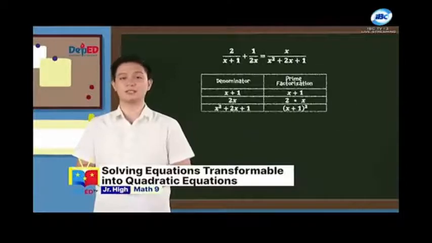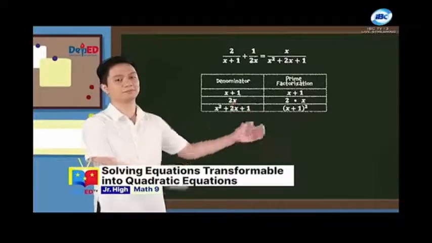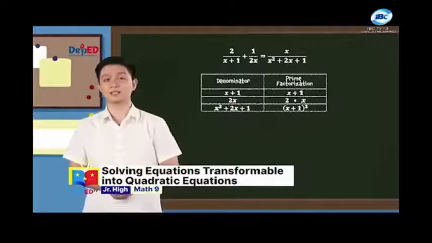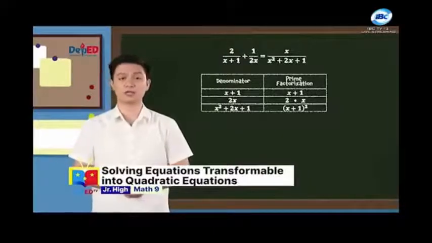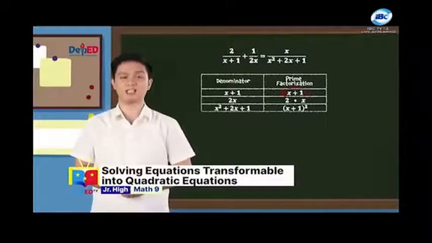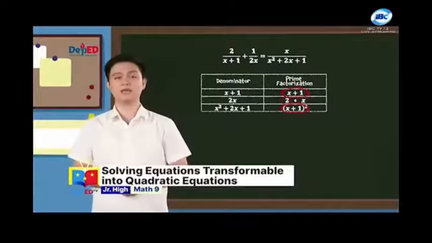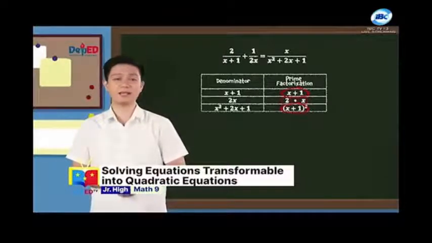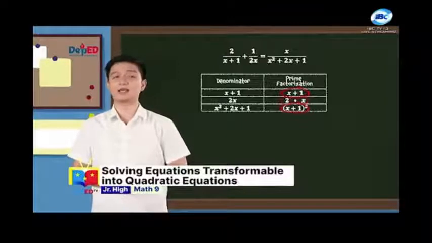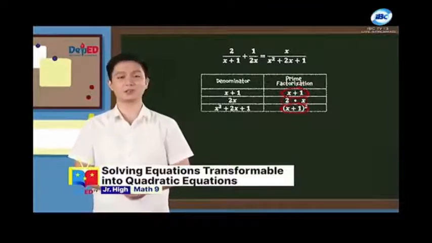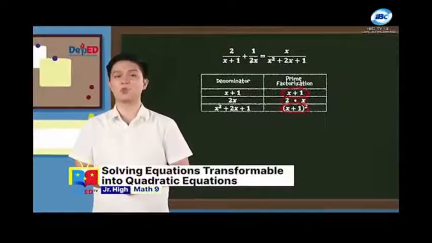So let's record these in the table. What are the different bases that we see in the factorizations? We have x plus 1, 2, and x. What is the highest exponent of the base x plus 1 that appears in these factorizations? It is 2. What is the highest exponent of 2? It is 1.